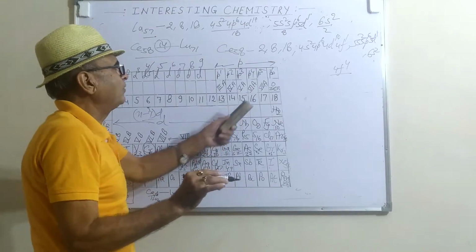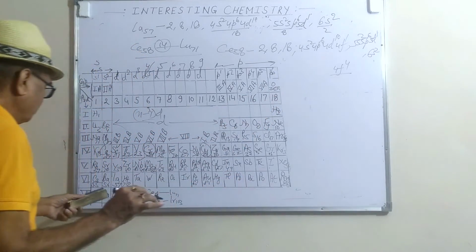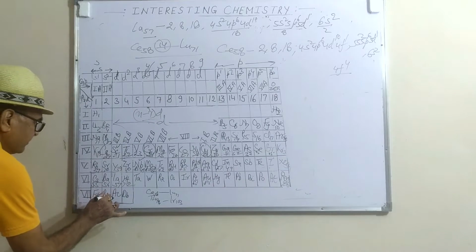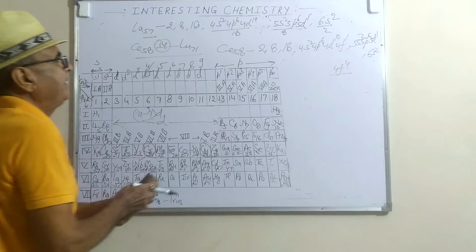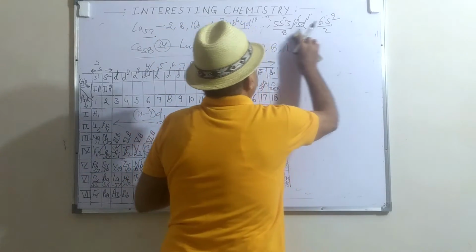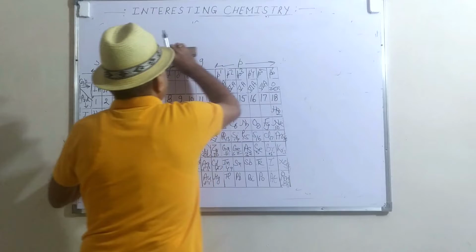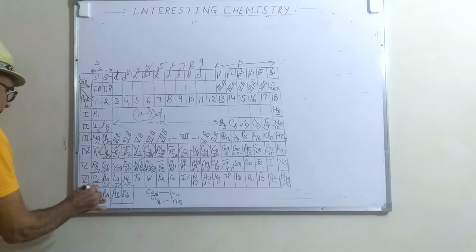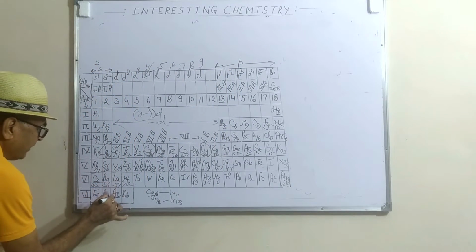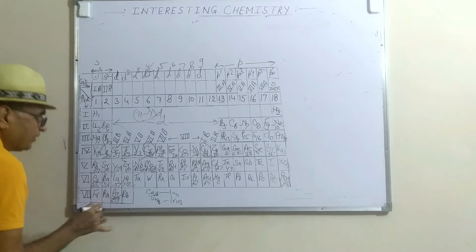Now come to the next, in the same way, actinium. I will tell you the example of actinium. Actinium is 89. It is also an exceptional case.